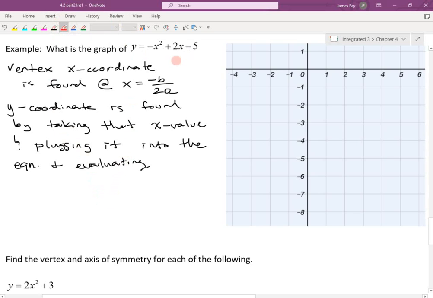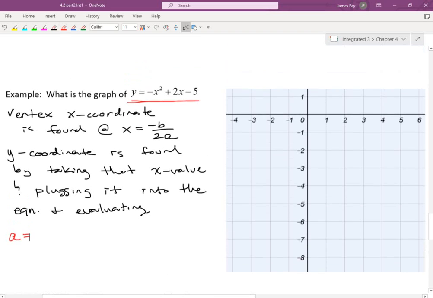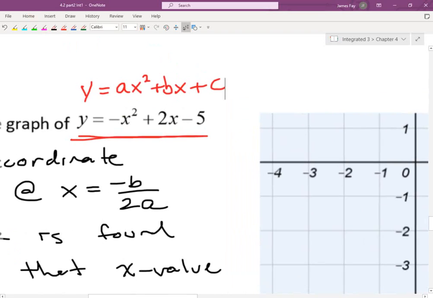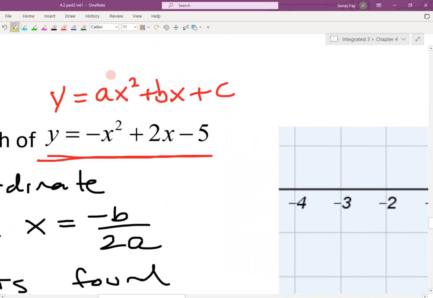All right, so in this particular problem, let's identify the coefficients. What is the A coefficient? Hold up, give me a second. B. It's a -1. Okay, so here's the thing, and I know this can be kind of confusing for some of us. This is the generic quadratic equation. Every single quadratic is of that form.